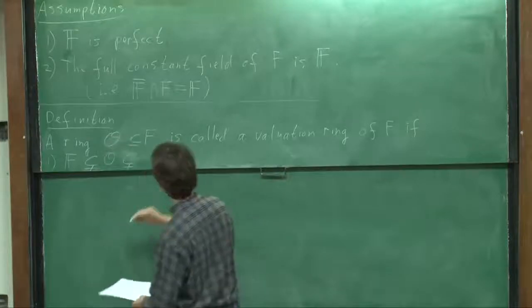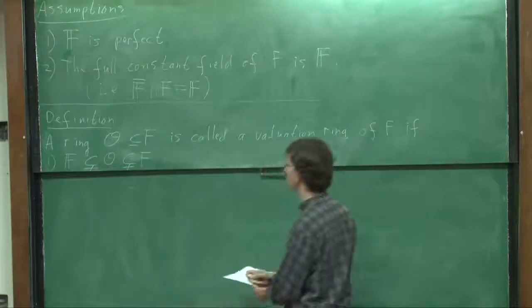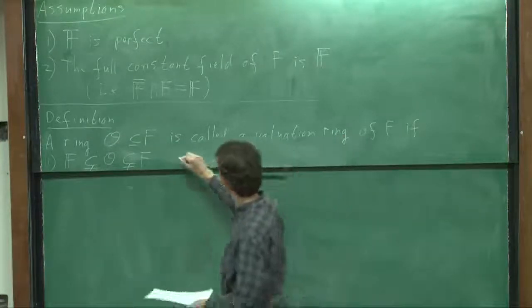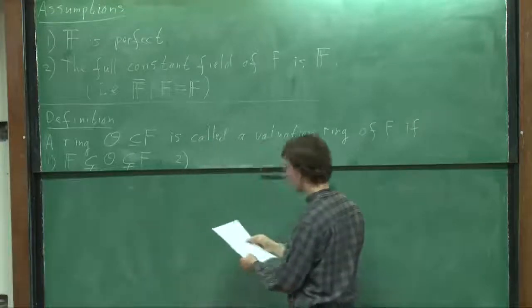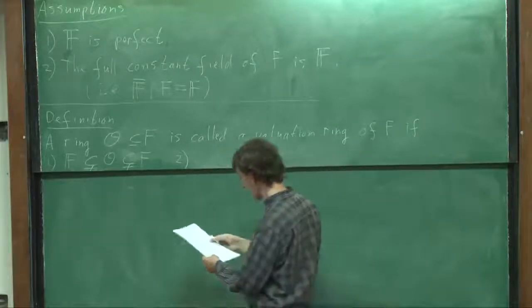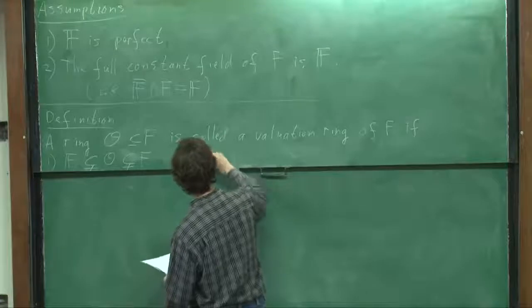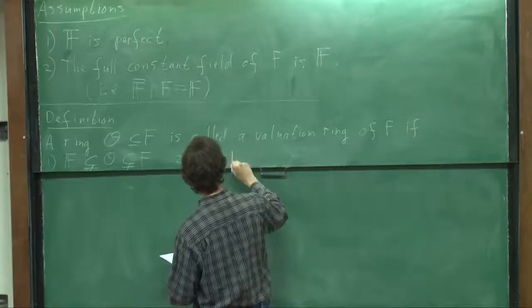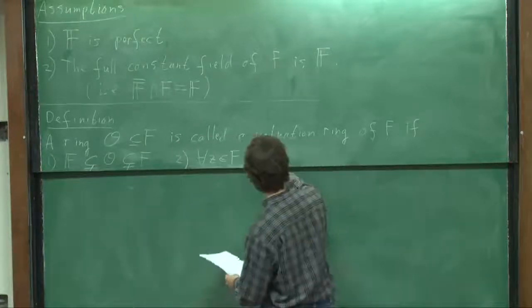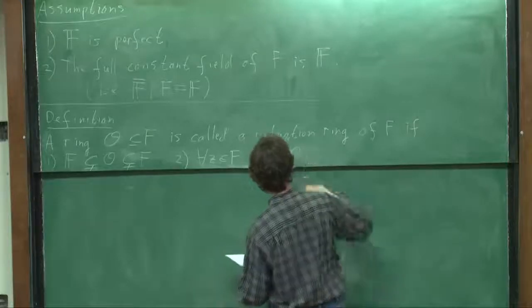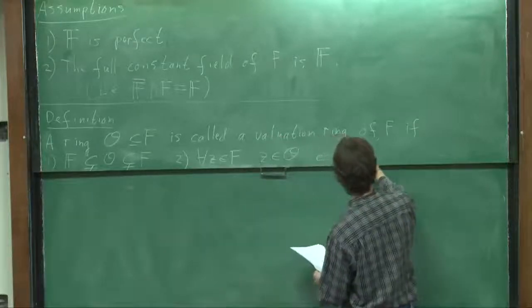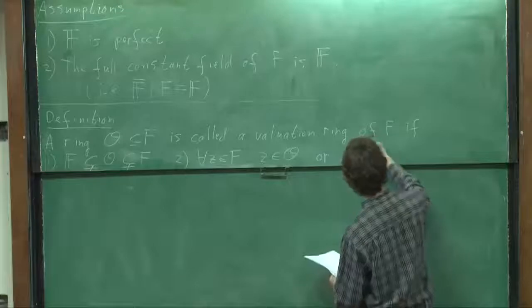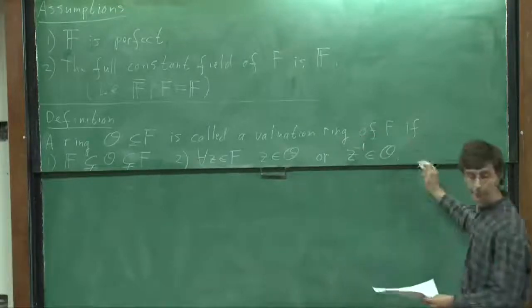And it may also not be too big, we don't want the entire function field. And in the second place it is somehow maximal, and that means that if I pick any element from the function field, I want the element itself to be in the ring or its inverse.